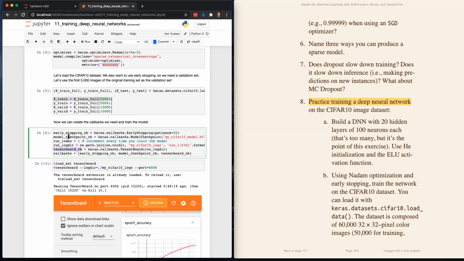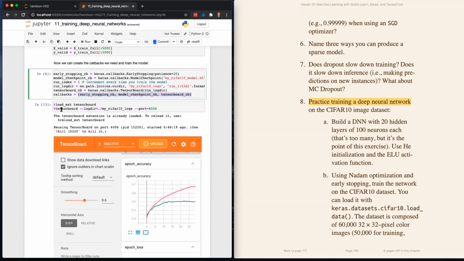We have the checkpoint callback stored here, the TensorBoard callback stored here, and the log directory, which gets passed into TensorBoard. TensorBoard, model checkpoint, and early stopping: the 3 callbacks get listed in here, which we in turn pass into our model. And these are the 2 magic commands to show the TensorBoard.